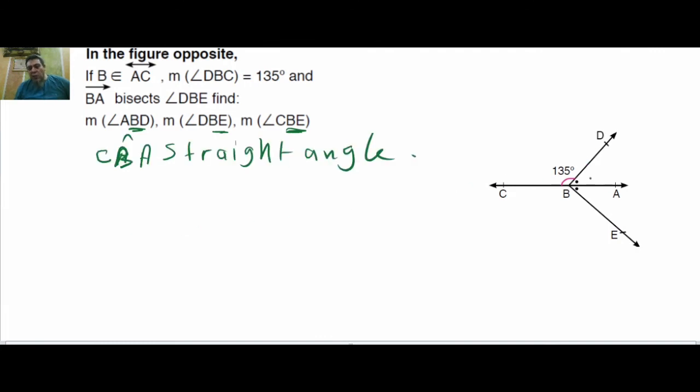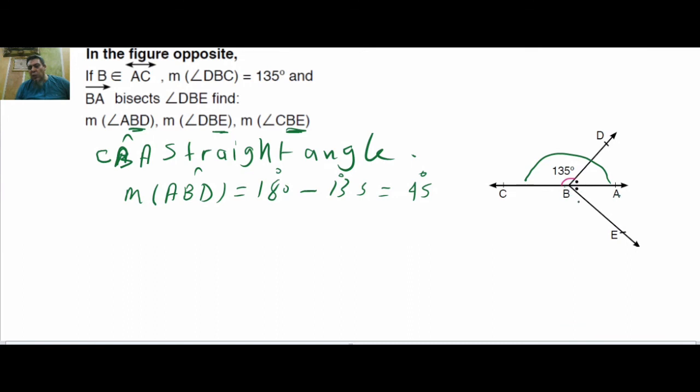The measure of the straight angle equals 180 degrees. The straight angle is divided into two angles, angle ABD and DBC. Then measure of angle ABD equals 180 minus 135, equals 45.